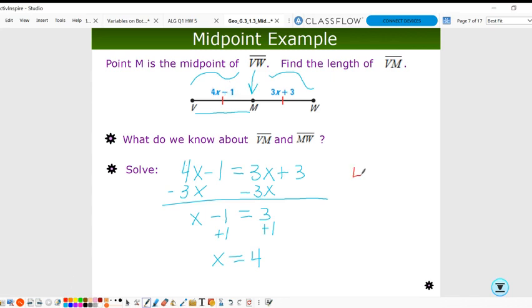My expression was 4x minus 1, plug in 4. I'm plugging it into this expression, and we'll get 16 minus 1, which is 15. 15 is equal to the length of VM. It's also consequently the length of MW, and therefore our whole segment is 30 in length.